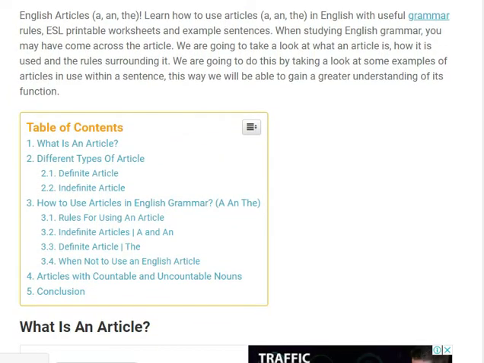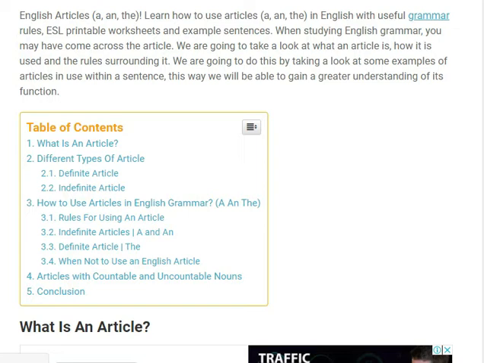So, English articles: a, an and the. Learn how to use articles in English with useful grammar rules. So here we have some, of course, worksheets and examples. When studying English grammar, you may have come across the articles.